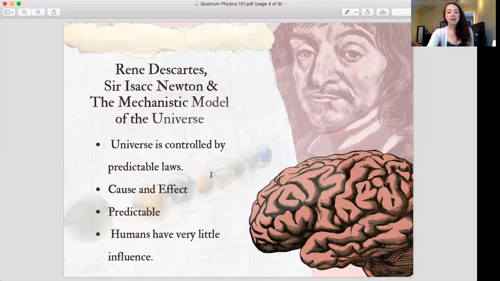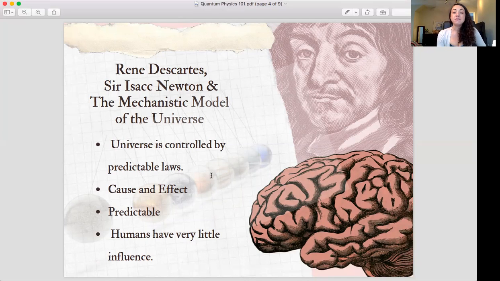So we're going to go back to about the 17th century. And I want to take you on a little introduction to Rene Descartes, Sir Isaac Newton, and the mechanistic model of the universe. So, like I said, we're looking at the 17th century here. And both Descartes and Newton were mathematicians, really, really genius men.